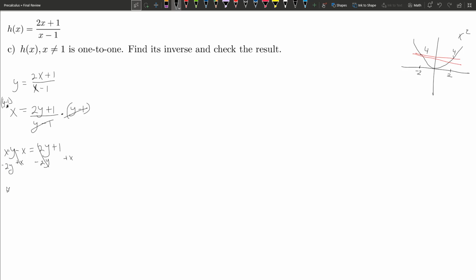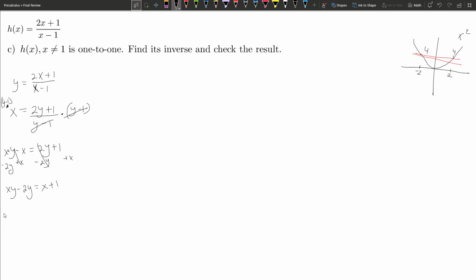So we'll end up with xy, because remember that's x times y, minus 2y is equal to x plus 1, or 1 plus x. Doesn't matter how you write that. Now, what do we do from this point? Well, we could undo the distribution of that y, right?